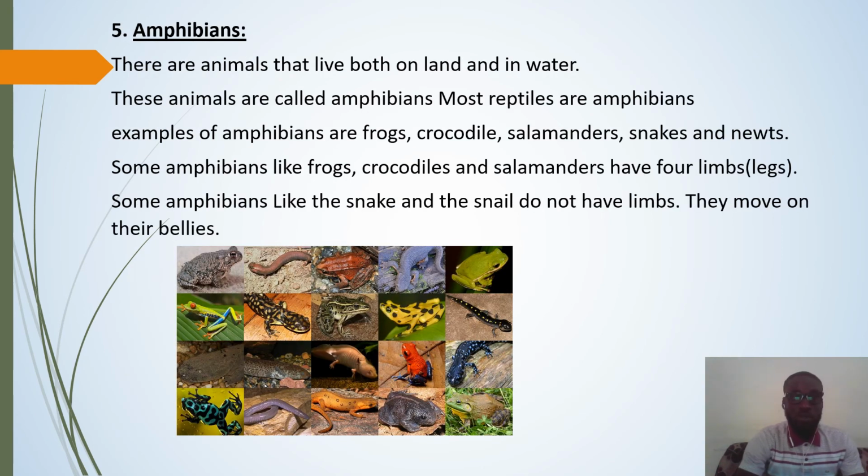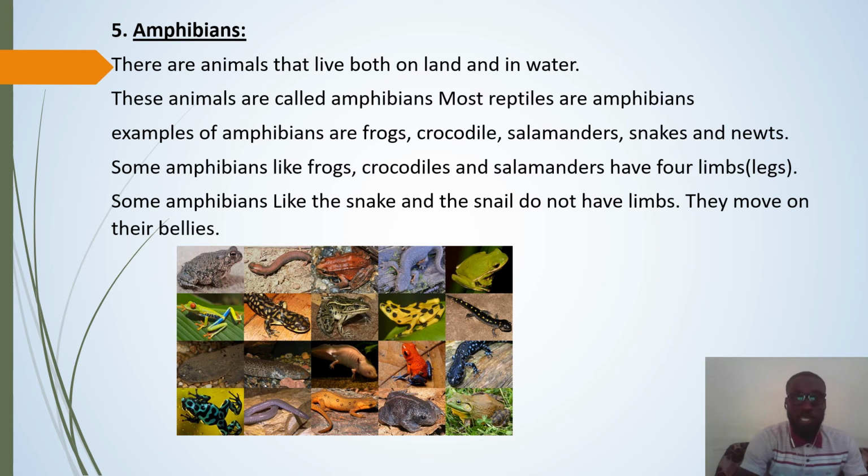Good. So the last category is amphibians. Amphibians are animals that live both on land and in water. These animals are called amphibians. Let's take a look at some examples: we have frogs, the crocodile, the salamander, the snake, and the newts.